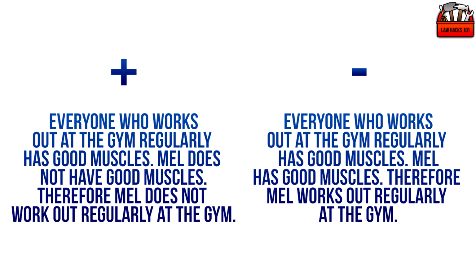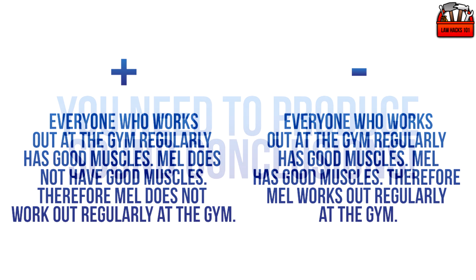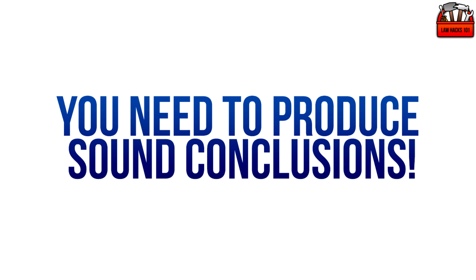So now we have a bottom line for sound argument. Sound argument needs two things: reliable reasons and reliable inferences. If the reasons are reliable but the inferences are weak or flawed, the argument will fail to be sound. If the reasons are unreliable but the inferences are good or strong, the argument still fails to establish a sound conclusion. In your essays, you need to produce sound conclusions, and that means you need solid reasoning and solid reasons.